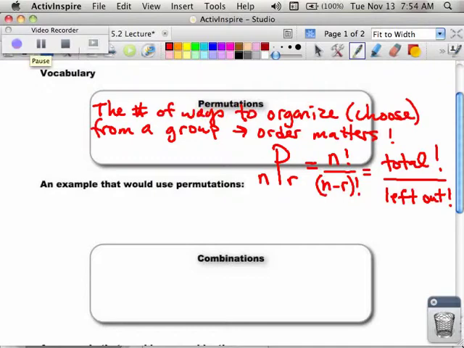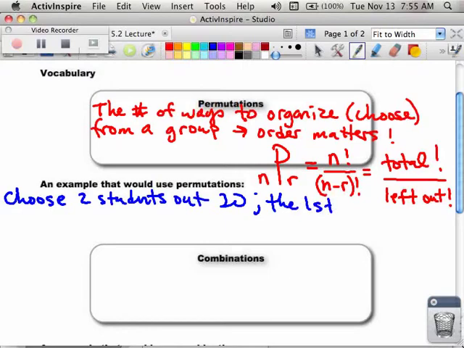An example of this might be: choose 2 students out of 20.